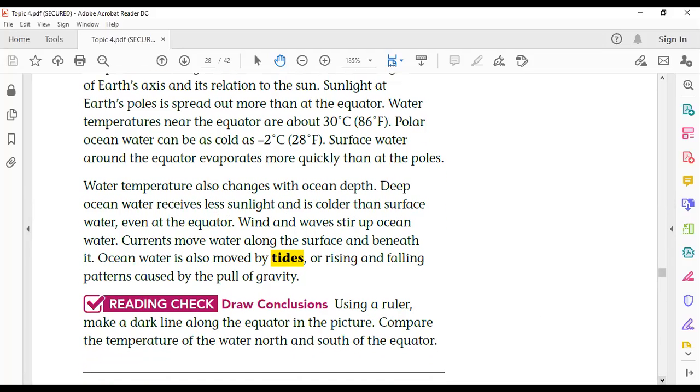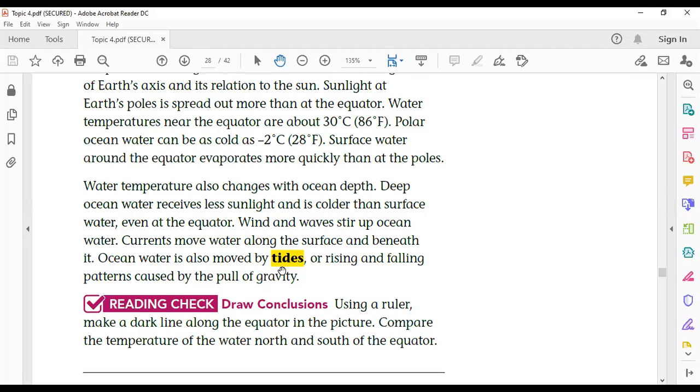You have to know that wind and waves stir up ocean water. Always ocean water is moving because of wind and waves. Also, currents move water along the surface and beneath it. Ocean water is also moved by tides.